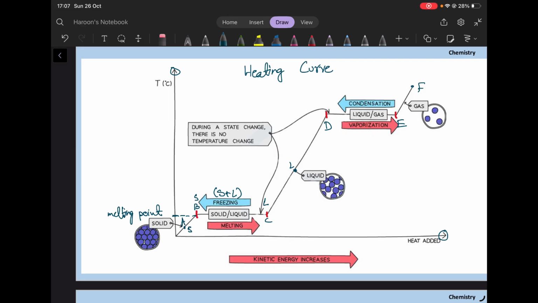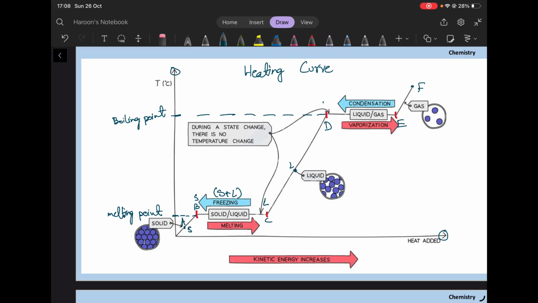Now you can see on this graph, till point D, the temperature is actually increasing. If we go to the left from point D, this temperature is the boiling point of the substance. The boiling point is the temperature at which the substance starts converting from a liquid to a gaseous state.